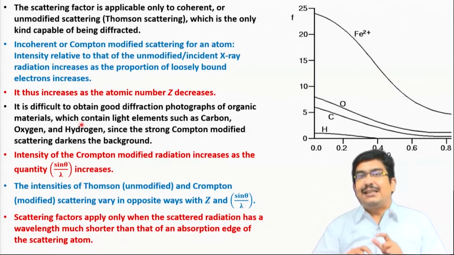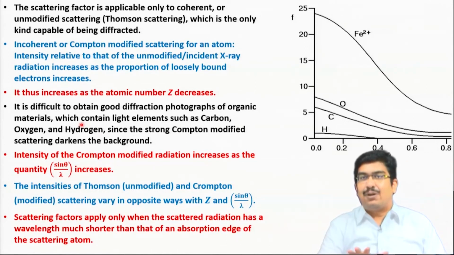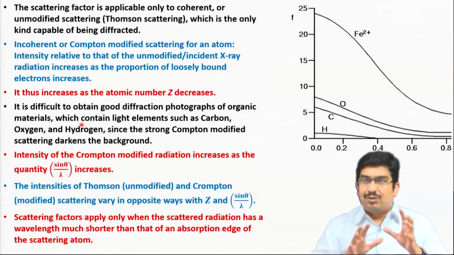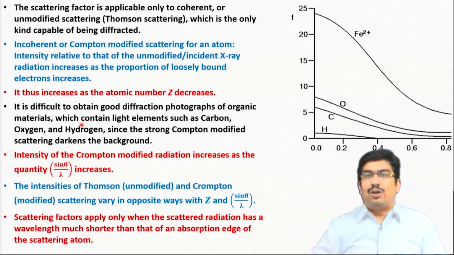But if the incident X-ray beam hits an outer shell electron, which is loosely bound to the nucleus, that electron can produce Compton modified X-ray scattering. So, that is the relationship.